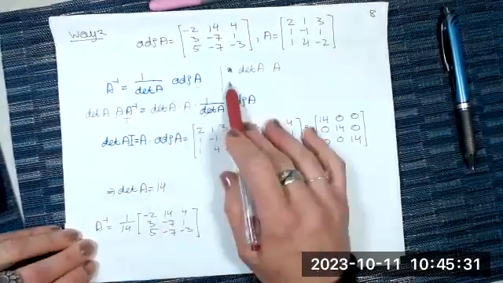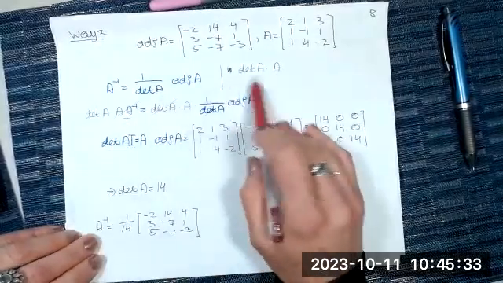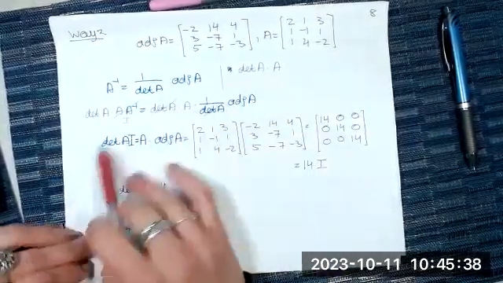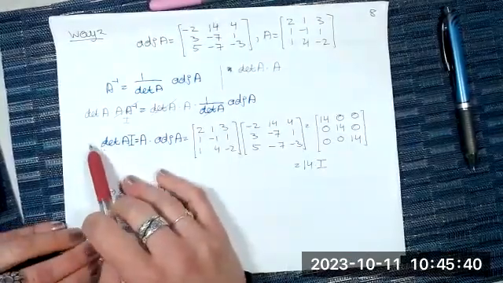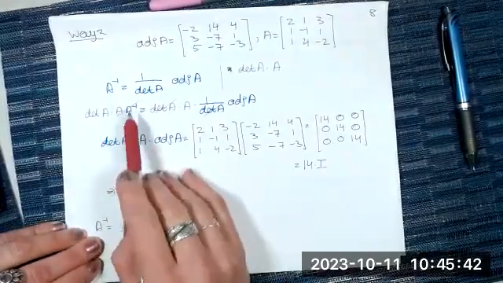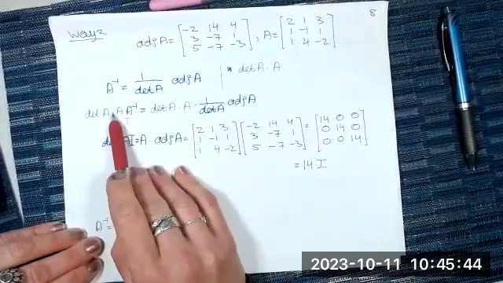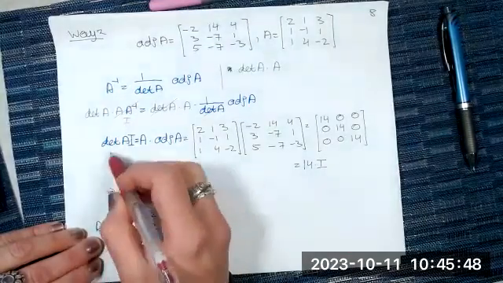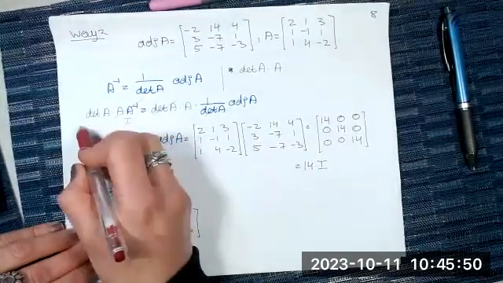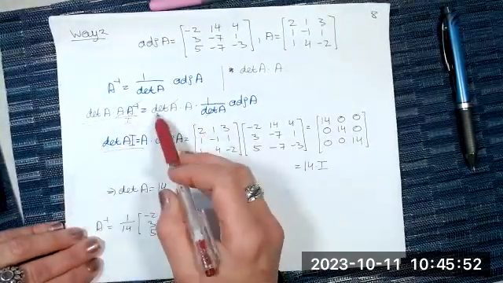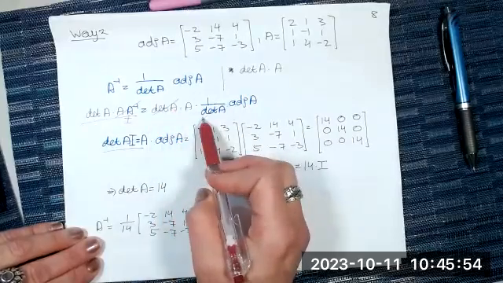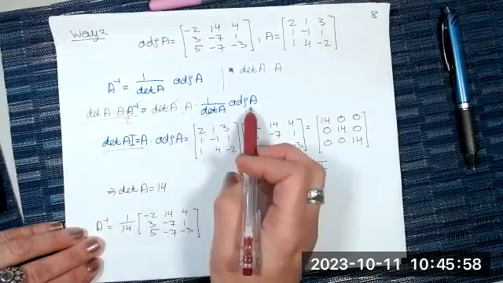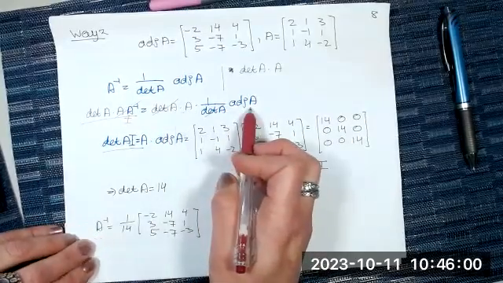I can multiply both sides of the formula by determinant A times A, on the right or on the left, it doesn't really matter in this case. A inverse times A becomes I, so I have determinant A multiplied by I. On the other side, the determinant of A is just a number, so I can cancel it out, and all I have left is A multiplied by the adjoint.